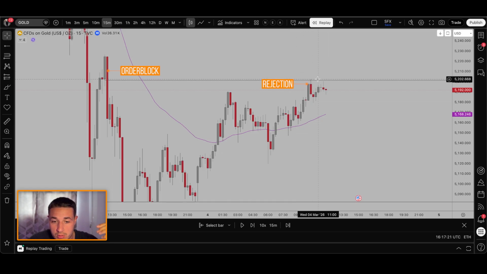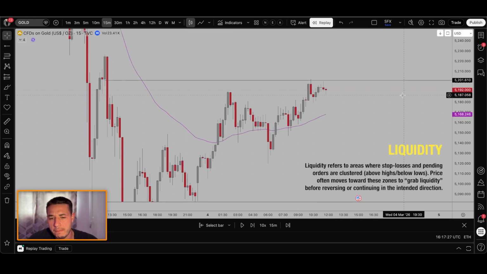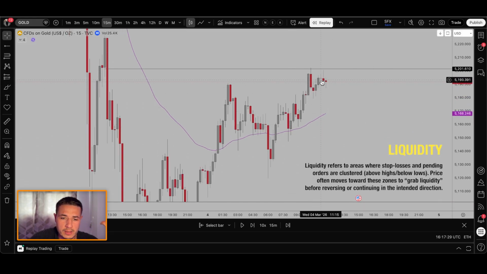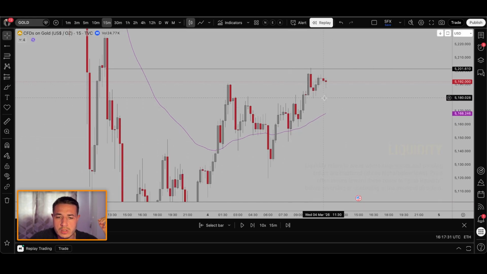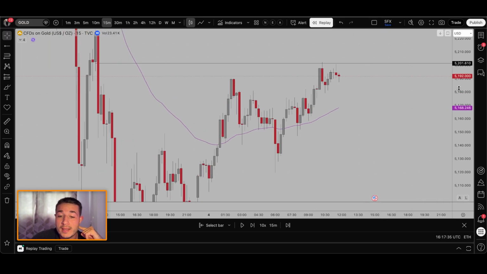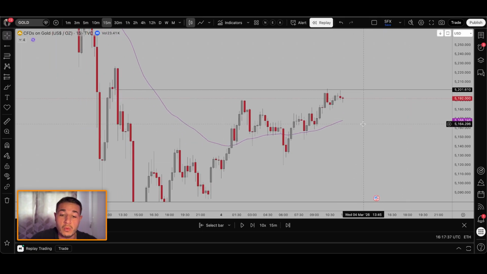It rejected two times. But this happened during the London session, so it kind of built liquidity, and also it built the liquidity to the downside. All of those lows are here to be taken out. So what I waited for was 2:30 p.m. UK time, which is 9:30 a.m. EST, for the New York open.